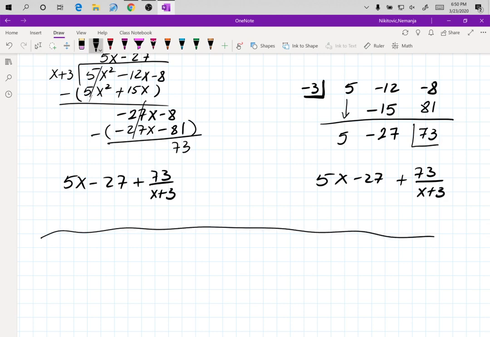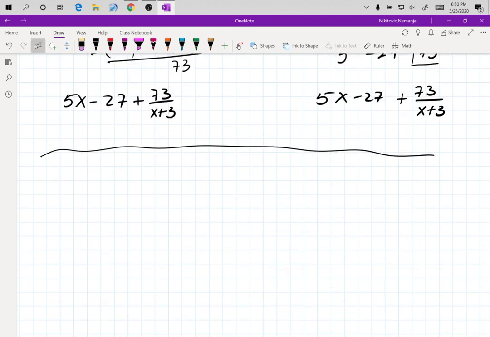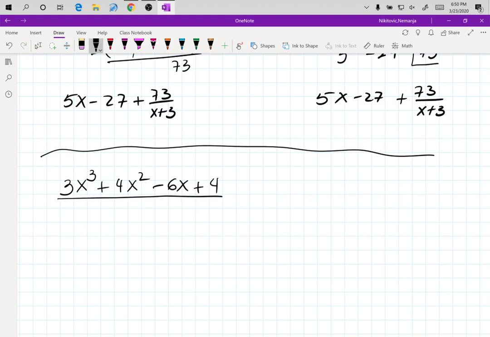Let's take a look at a couple of these examples. I'm just going to make up stuff now. 3x cubed plus 4x squared minus 6x plus 4, whatever, divided by x minus 2.